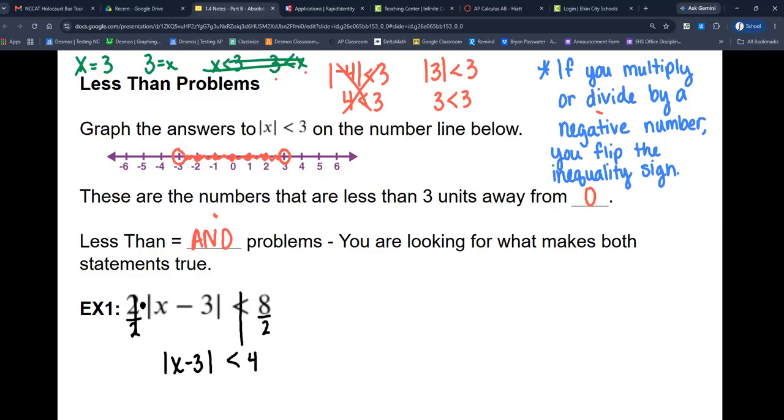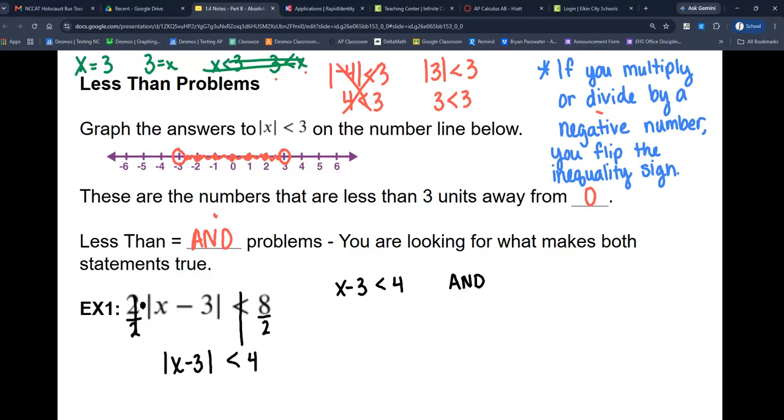With the equal sign, we just rewrote the problem twice, right? If you were not getting 2 answers to those problems that were on the homework, it's because you weren't rewriting it twice. So you're going to say x minus 3 is less than 4. You just drop the absolute value bars just like we had on the equations. Over here, though, we're going to write and because this is a less than problem.